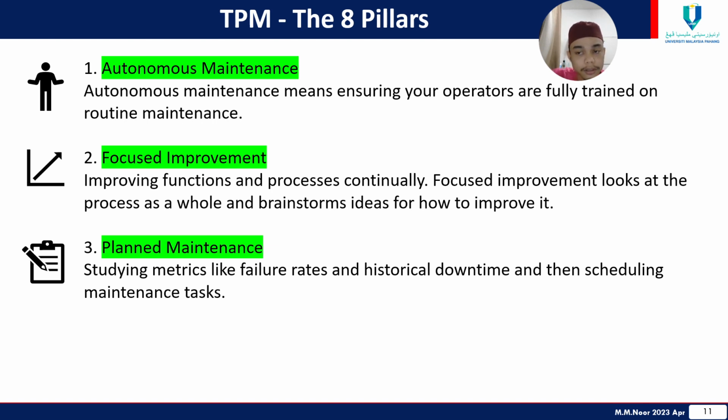If you see the history, for example this machine has a cracked pulley every 3 months, so basically every 3 months we need to change the pulley and schedule it.